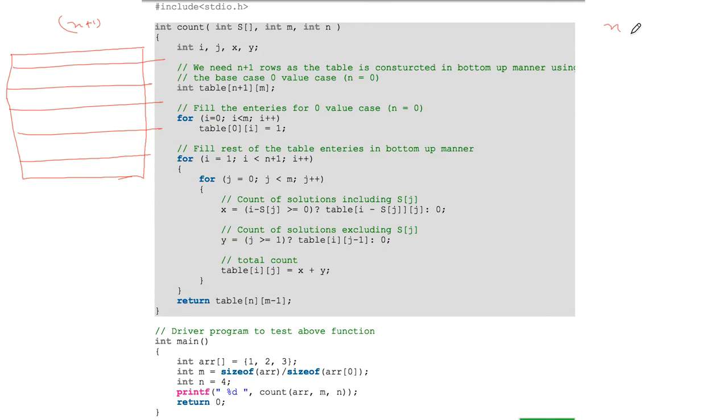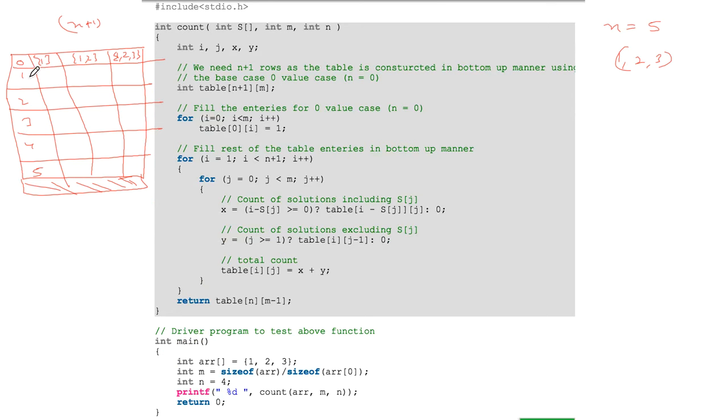Let's say we are trying to create n equal to 5 with 1, 2, 3. So this will be my 0, 1, 2, 3, 4, 5. This is what you have, including only 1, 1 comma 2, 1 comma 2 comma 3.